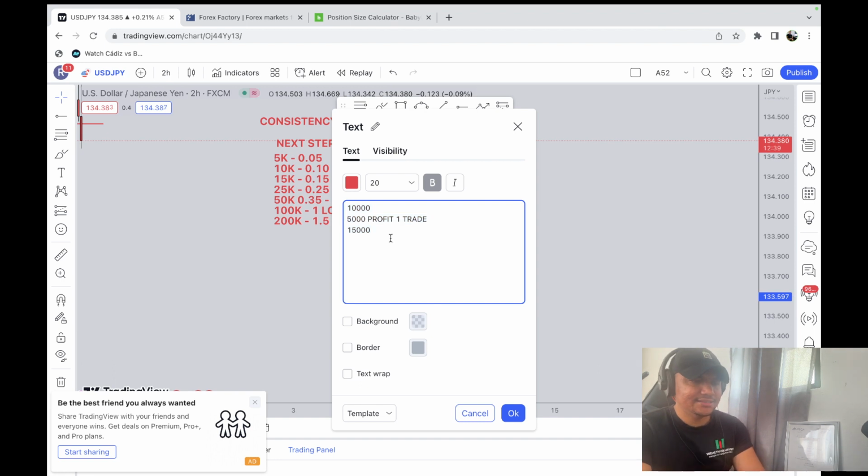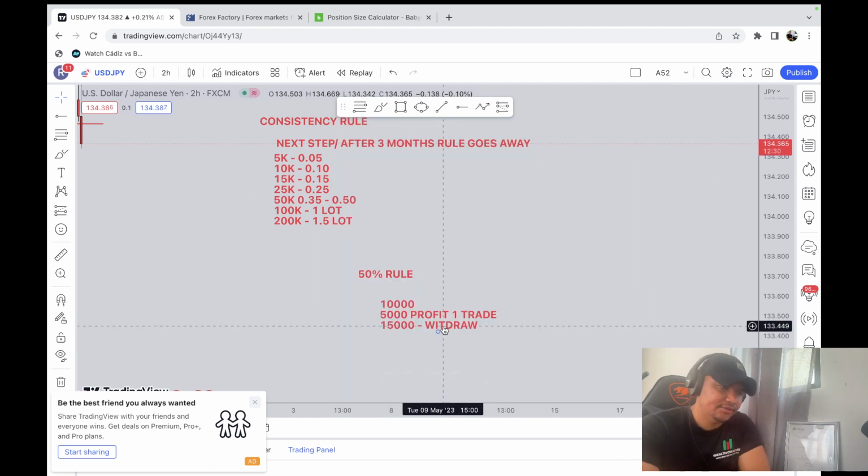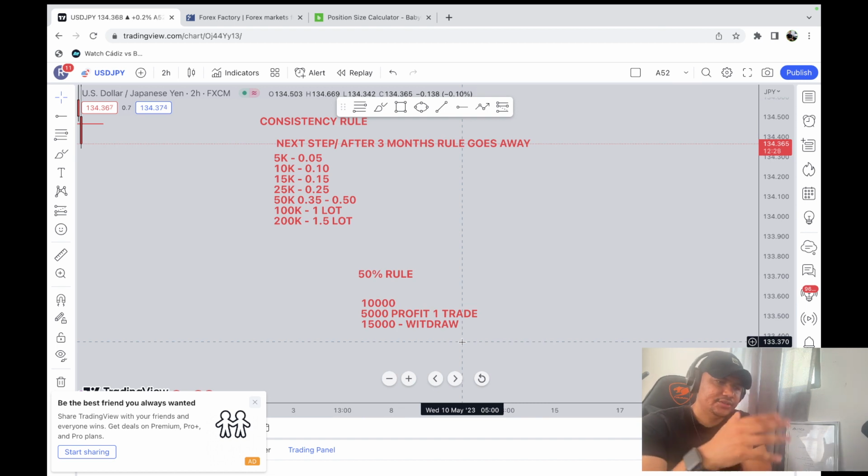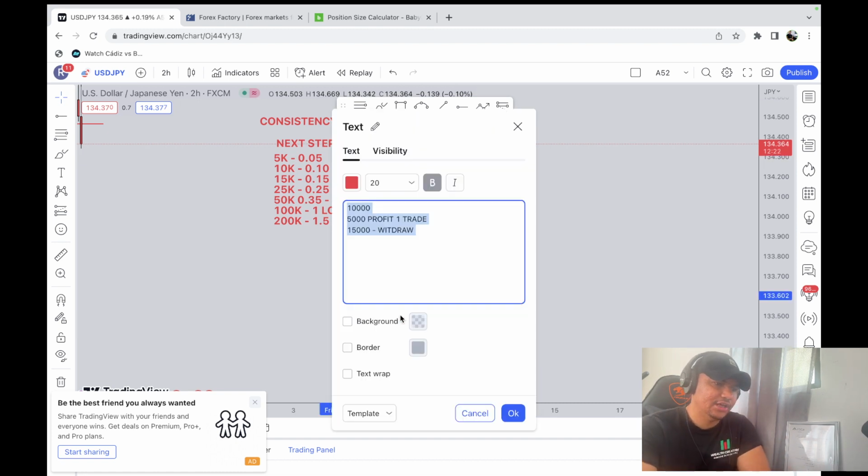So in a case like this, if you press withdraw here, you are not going to get it. Why? Because the profit that you made is $5,000 and you want to withdraw $5,000, so that means you cannot get it.